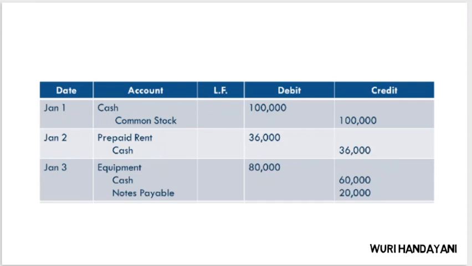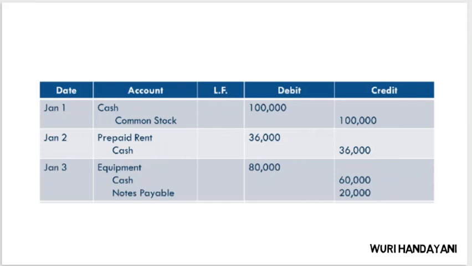So we can write prepaid expense $36,000 in debit and cash $36,000 in credit. Expenses. Increasing in expenses, we have to put in debit. Pay rent in advance, a part of expenses. So we can put in debit, and cash. Decreasing in cash, we have to put in credit. So cash $36,000 in credit.